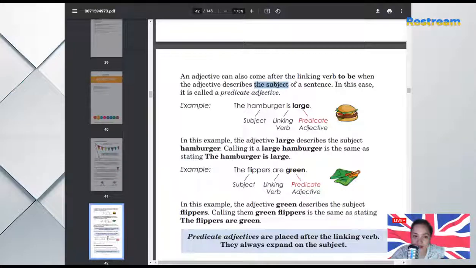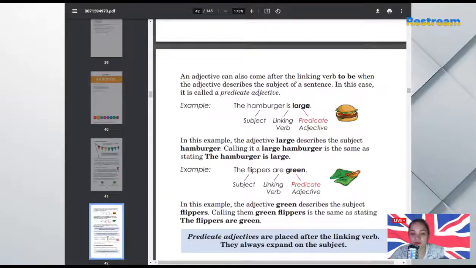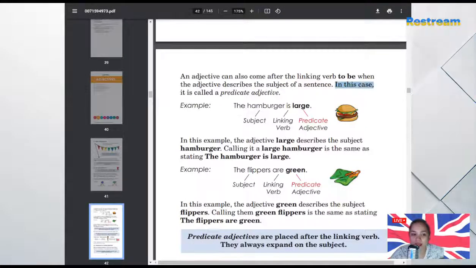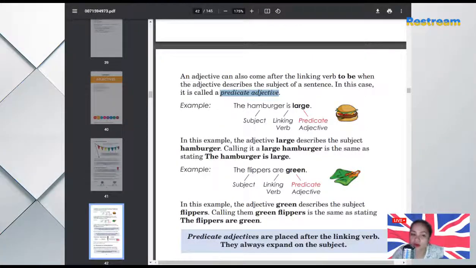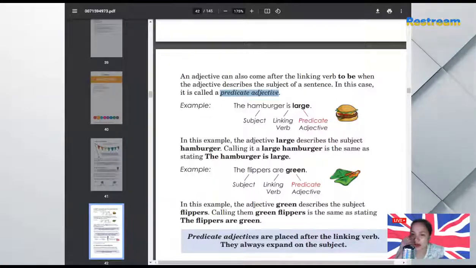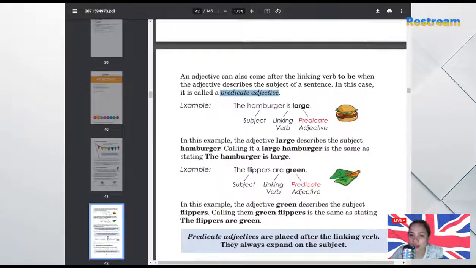In this case, it is called a predicate adjective. If you remember, we have some different parts of an adjective, and one of them is the predicate adjective. How can we use this predicate adjective?